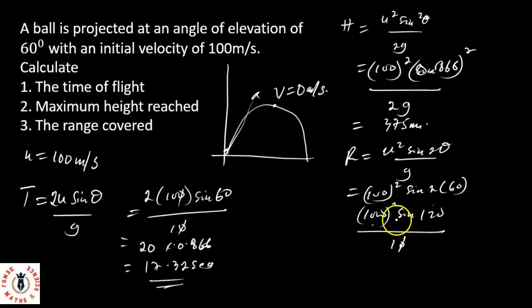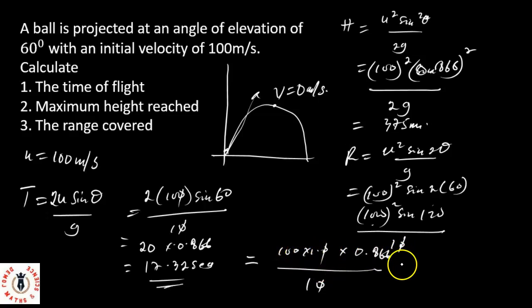Let me bring out the full expression, trying to manage space. That equals 100 times 100 times sine 120, divided by 10. I'm left with 1000 times 0.866. Obviously, that's 866 meters.